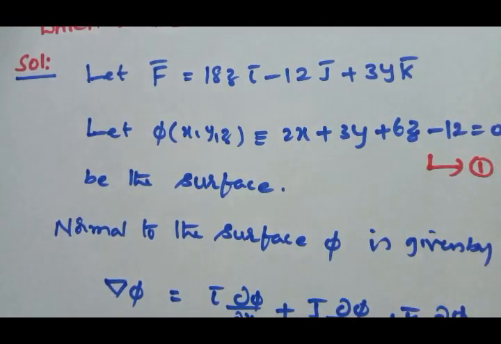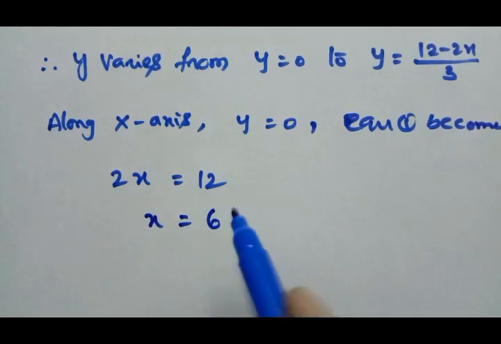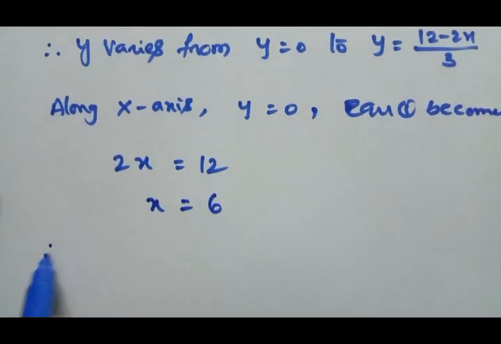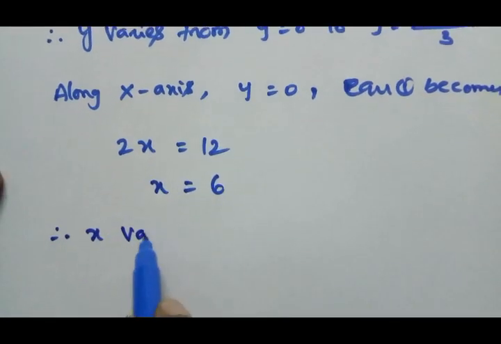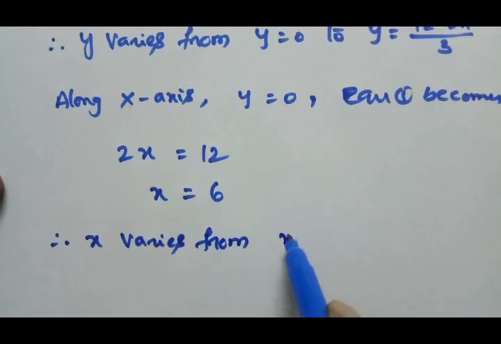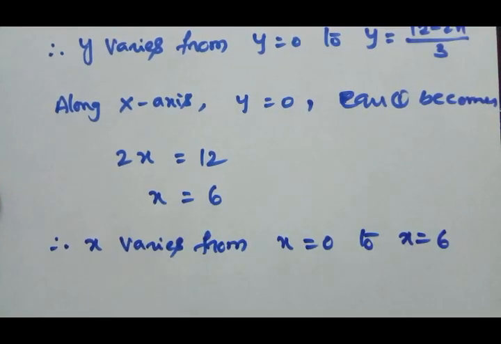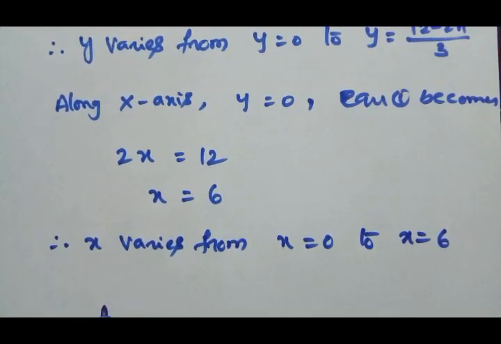Therefore 2x is equal to 12. Hence x is equal to 6. Therefore x varies from 0 to 6.